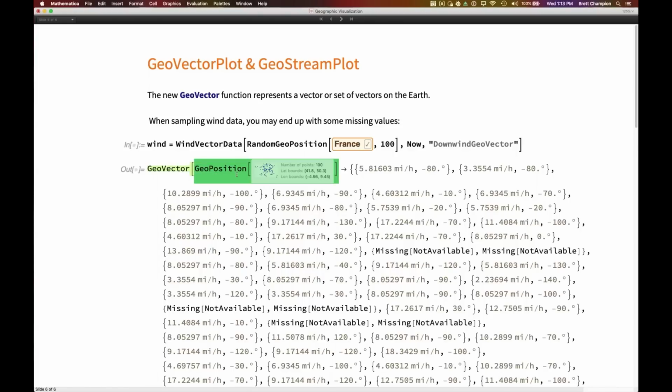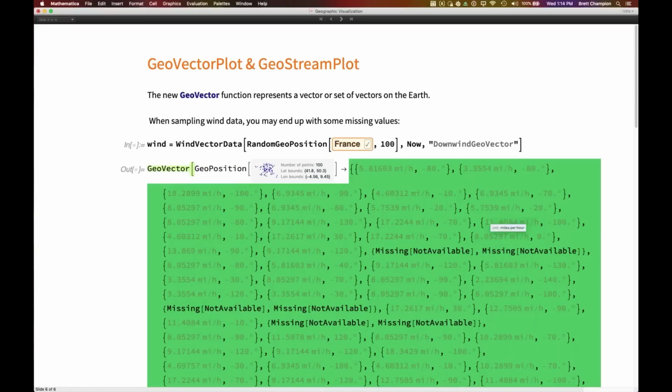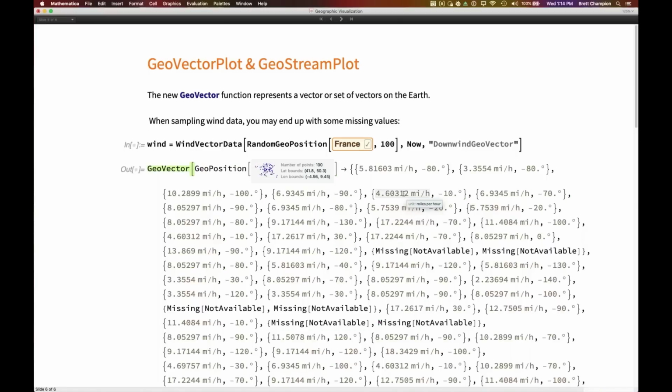In this case, this is a multi-geoposition, and each of them has an associated magnitude and direction. There are some variants on GeoVector depending on whether you're using a polar or Cartesian form of the vector. The geoposition can be a list of entities, etc. It's very flexible. It can be generated by wind vector data natively.